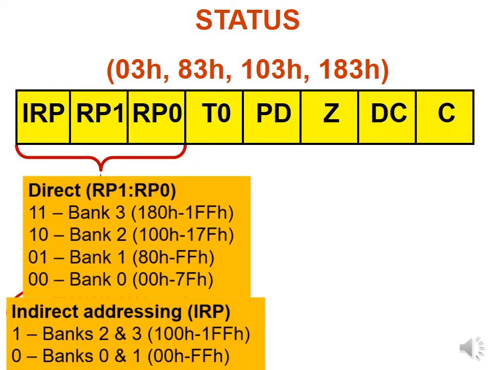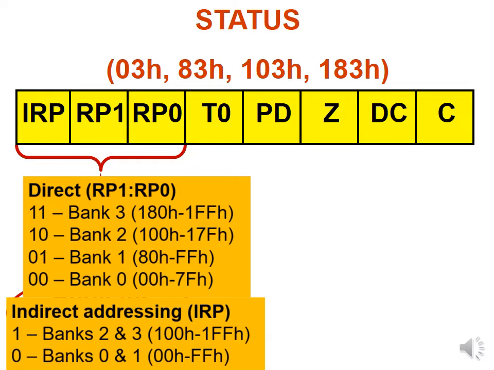RP0 and RP1 are the register bank select bits that are used to select register banks when using direct addressing. The combination of those bits will select the banks as either bank 0, bank 1, bank 2, or bank 3 according to the combinations that are shown on the illustration.